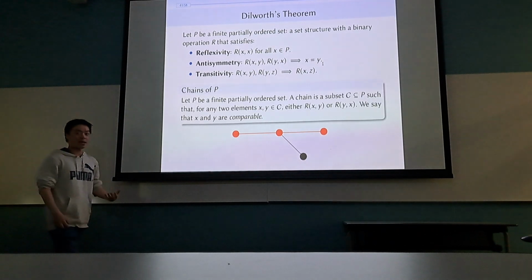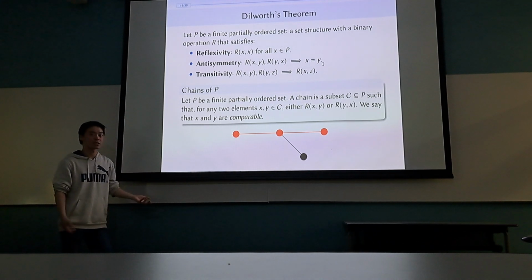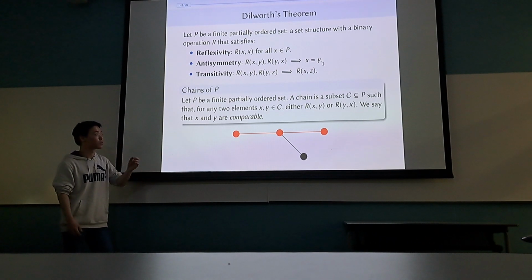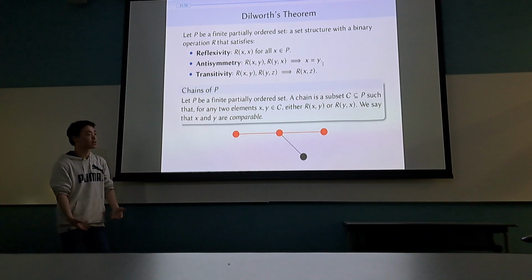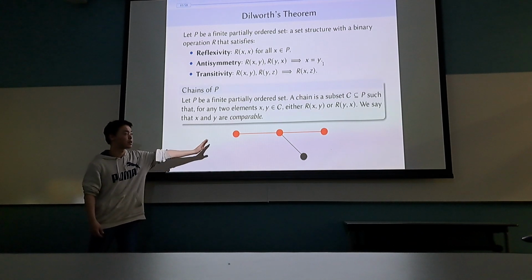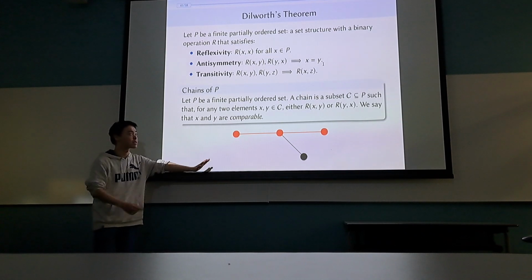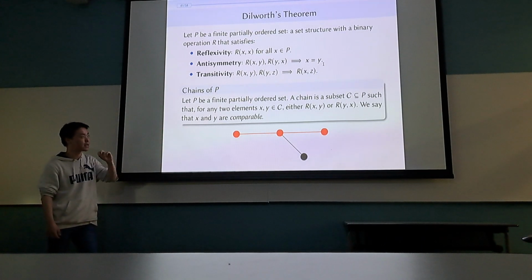Now we're going to look at these combinatorial objects. The first thing we're going to look at is what we call a chain. If I had a partially ordered set, I can look at the connections between these objects. So P is going to be a finite partially ordered set.